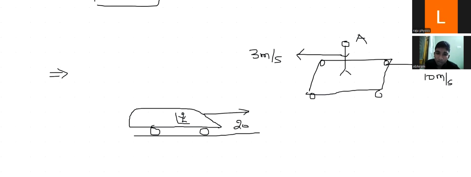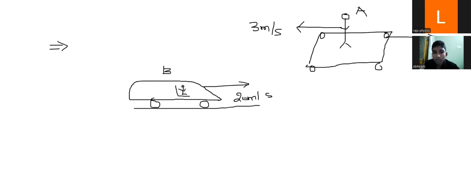For example, the car's name was B. So what is the relative velocity of A with respect to B? Do this problem.